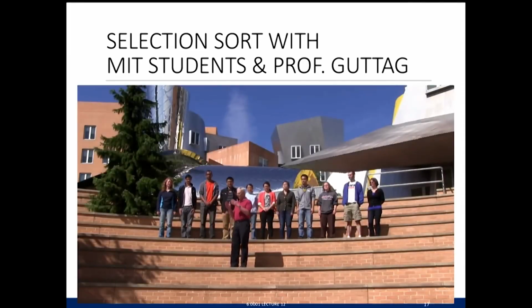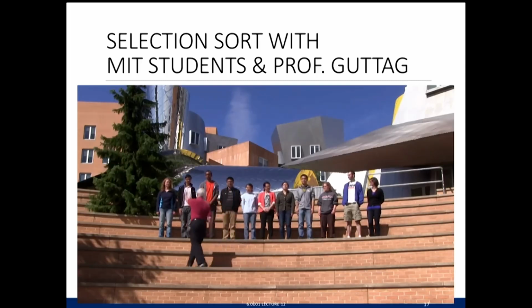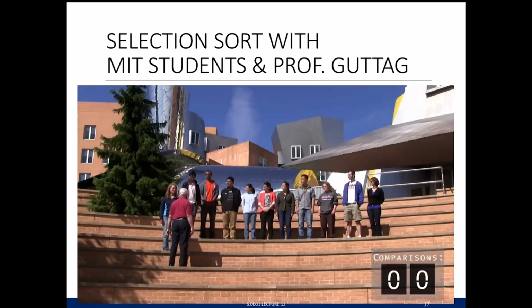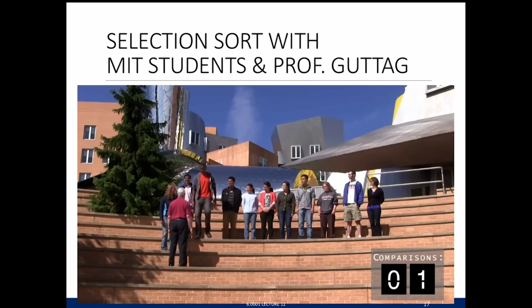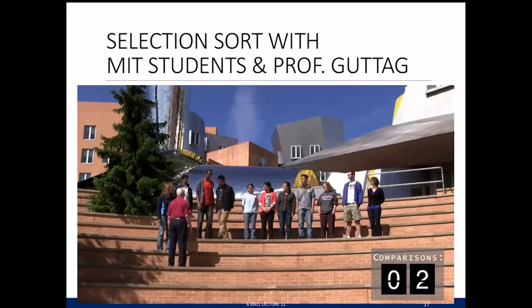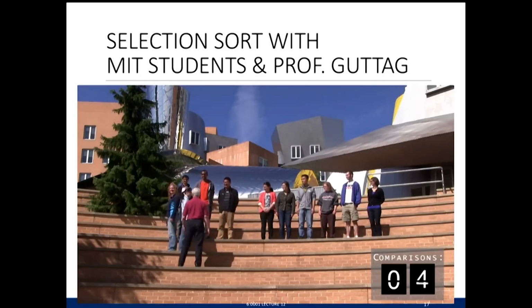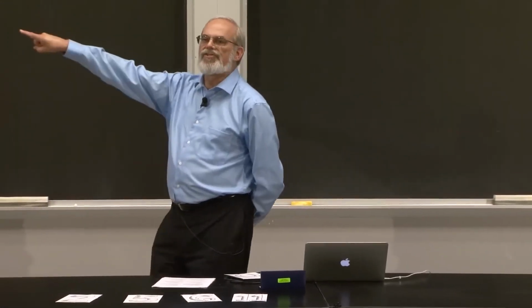All right, so now we're going to do selection sort. The idea here is at each step, we're going to select the shortest person and put them next in line of the sorted group. So we'll bring the leftmost person forward, and we will compare her to everybody else. So one at a time, step forward. You're still the winner. You go back. Please step forward. And watch the number of comparisons that go on, by the way. We're going to come back to that. Still the winner. Next. A new winner. All right, so you can take her place. So here we're choosing to actually insert into the spot in the line.